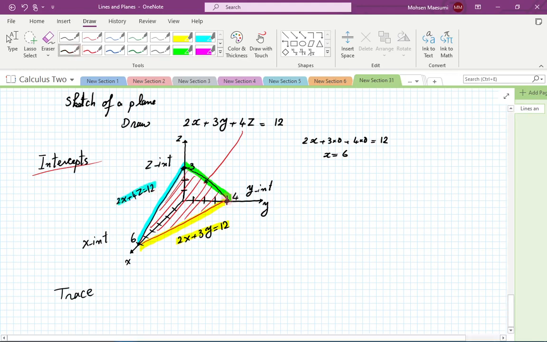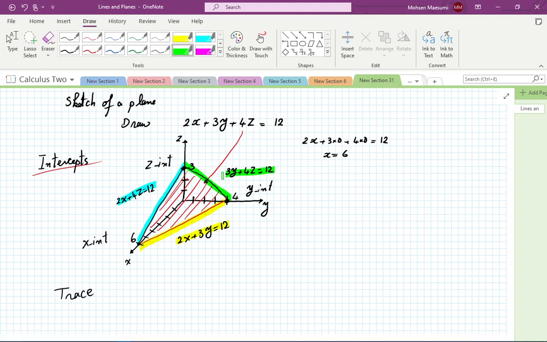And similarly, if you're down here on the yz plane, your x is 0, so your equation is going to be 3y plus 4z equals 12. So you can get an idea about the plane by drawing these.